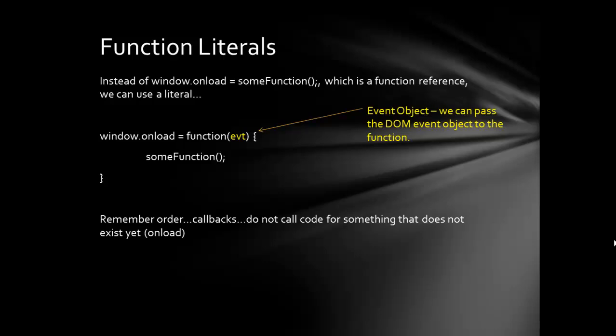And then we run some function. Based on that event, we can even call different functions. We can grab that evt variable and get information about it. Now, one of the other things you need to understand is that sometimes order is very important in HTML, CSS, and JavaScript. It loads top to bottom.